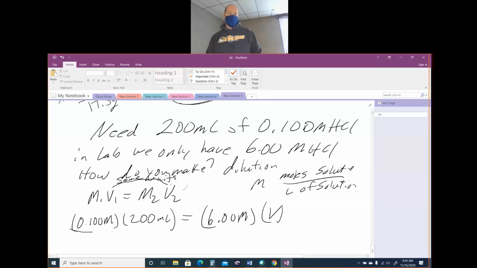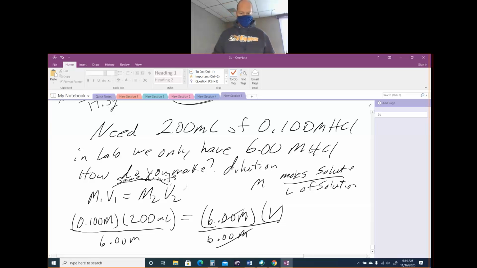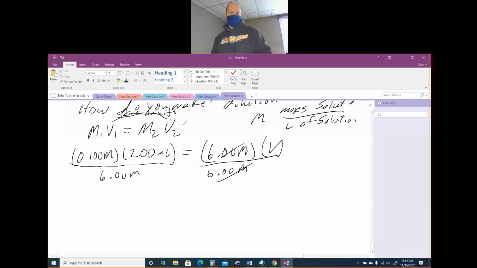All right, so to calculate that, we have to divide both sides by 6 molar. And you get 3.33 repeating.